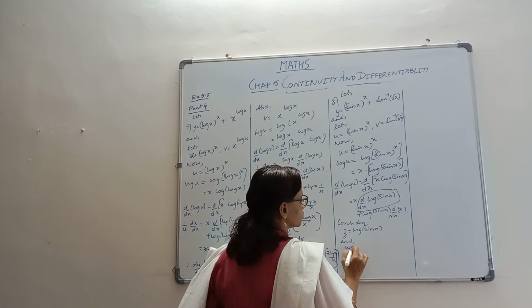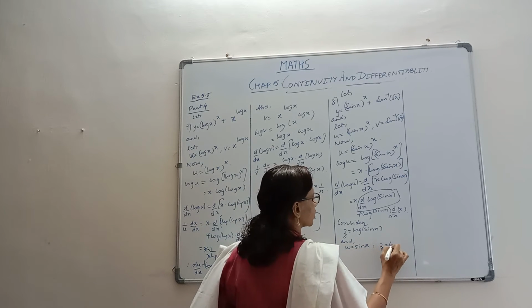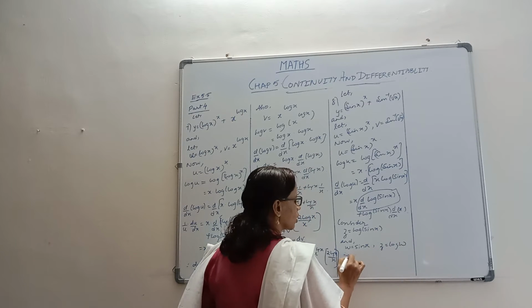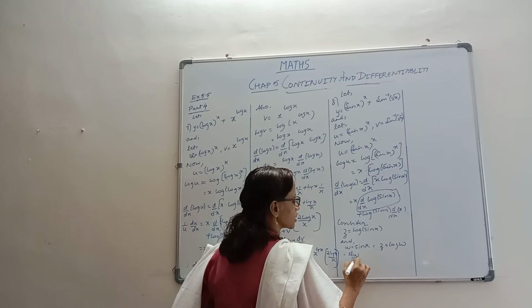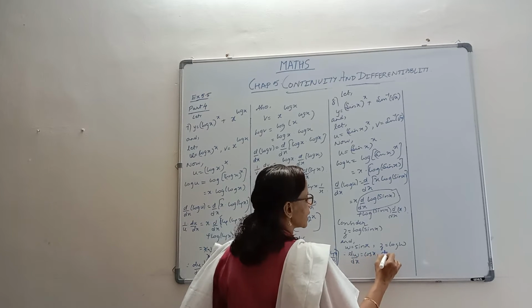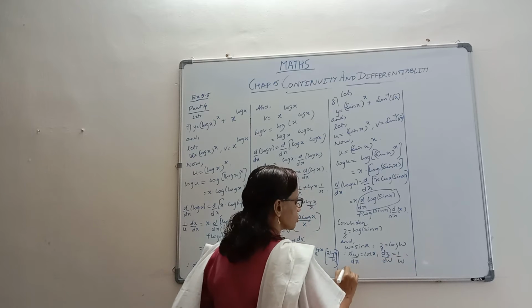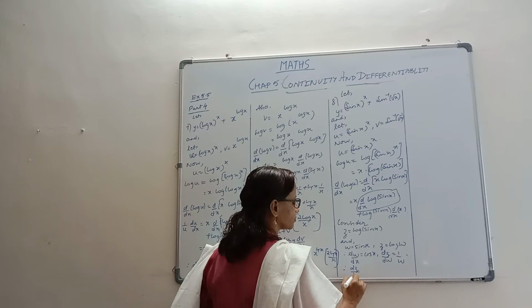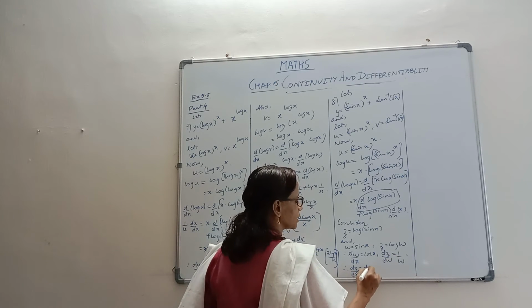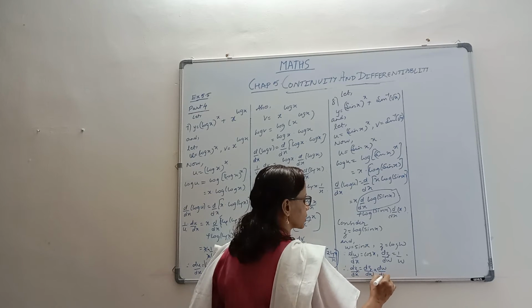We have w to be sin x, like that z will become log w. So dw by dx will become cos x and dz by dw will become 1 by w. Our idea is to get dz by dx.